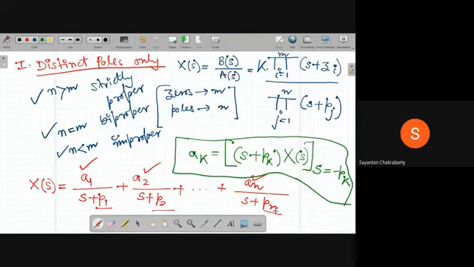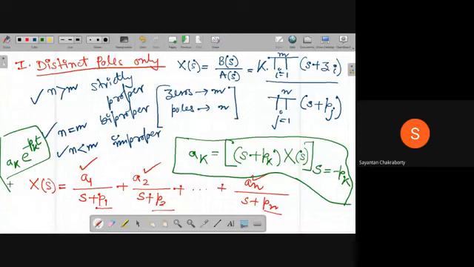And once you get that, then your final solution will be in the form Ak e to the power minus pk into t, corresponding to any of these factors. So each of these factors will yield something like this. So it's very trivial, if you are already very much conversant with this sort of computations.